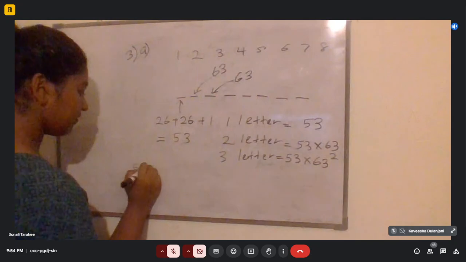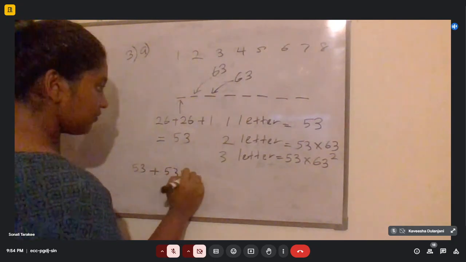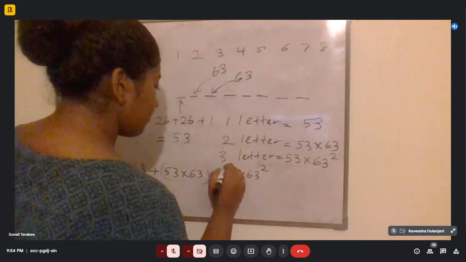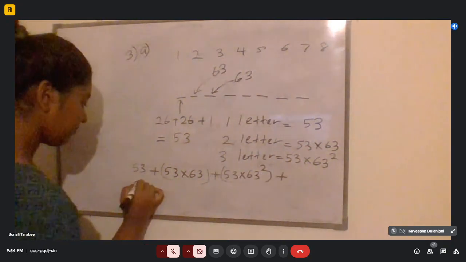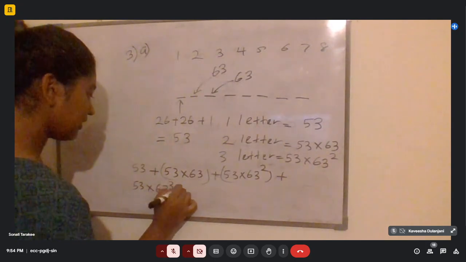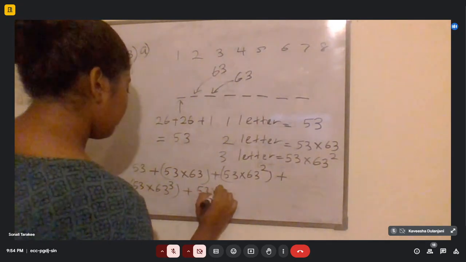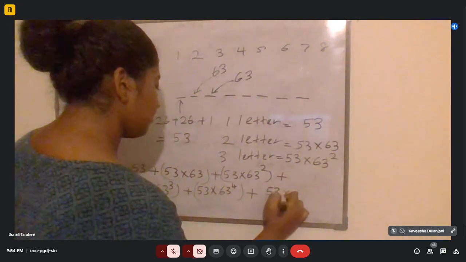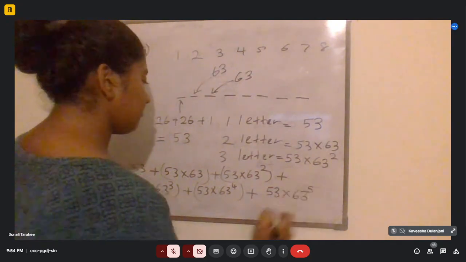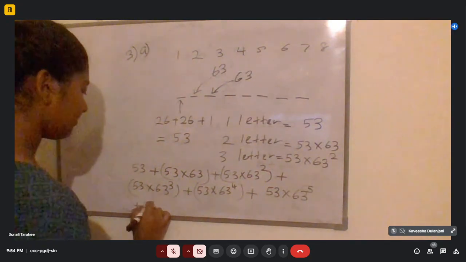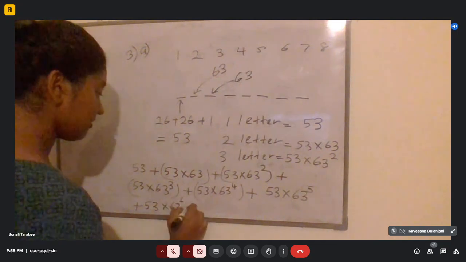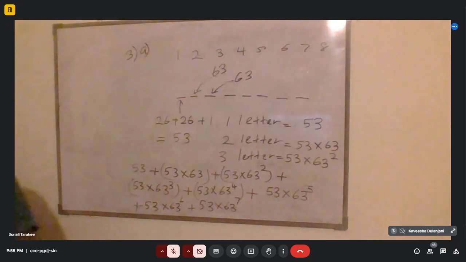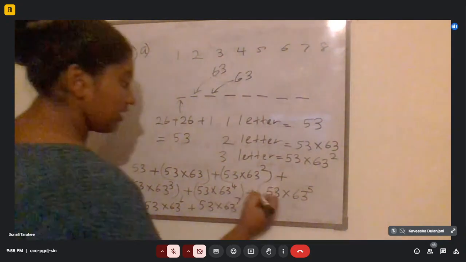All the possibilities are 53 plus 53 into 63 plus 53 into 63 to the power 2 plus 53 into 63 to the power 3 plus 53 into 63 to the power 4 plus 53 into 63 to the power 5 plus 53 into 63 to the power 6, 53 into 63 to the power 7. Values are there.